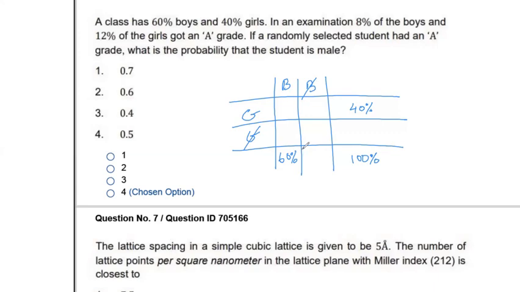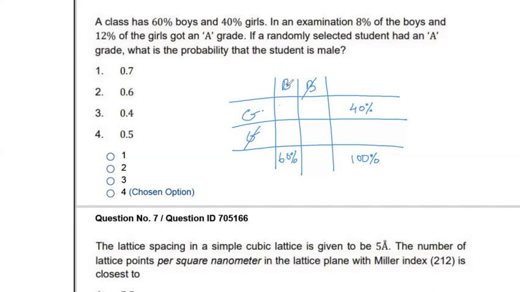And I think category wise, boys and girls, male, female, not male, that would become wrong. Anyway, let's see how I can proceed with this one. So in an examination, 8% of the boys and 12% of the girls got an A grade.